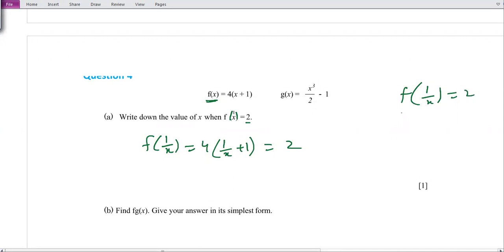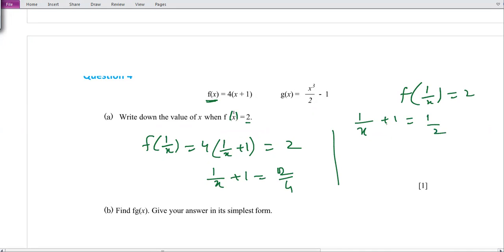So first I will take 4 to the other side. It will become 1 over x plus 1 is equal to 2 over 4, because 4 on this side was multiplying, on the other side it will divide. So that will become 1 over x plus 1 equal to 1 over 2.